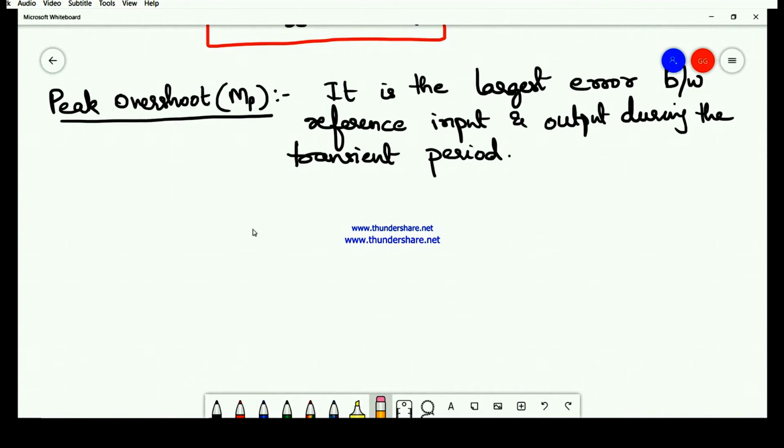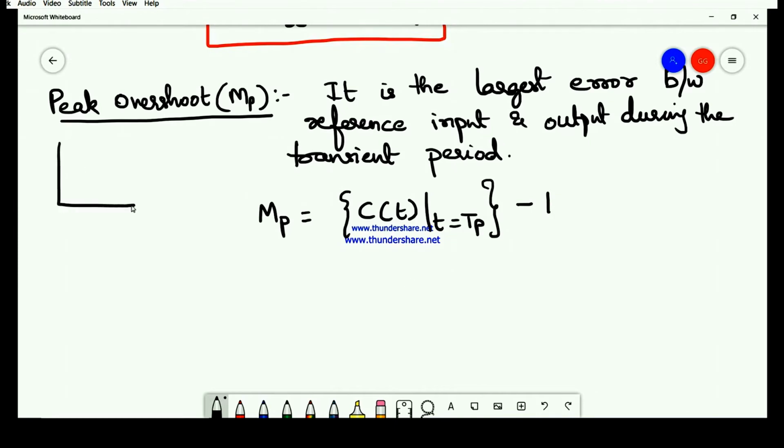Now the maximum peak overshoot is given by Mp equals the response c of t at t equals Tp, minus 1. The reason is we find the response c of t where the first peak overshoot is obtained, and take the difference from the 100% line, which is normally equal to 1.